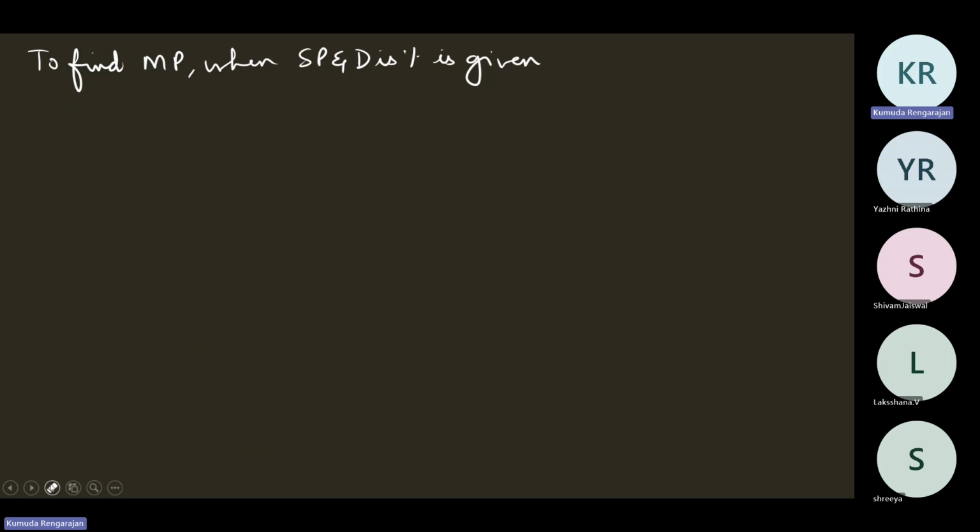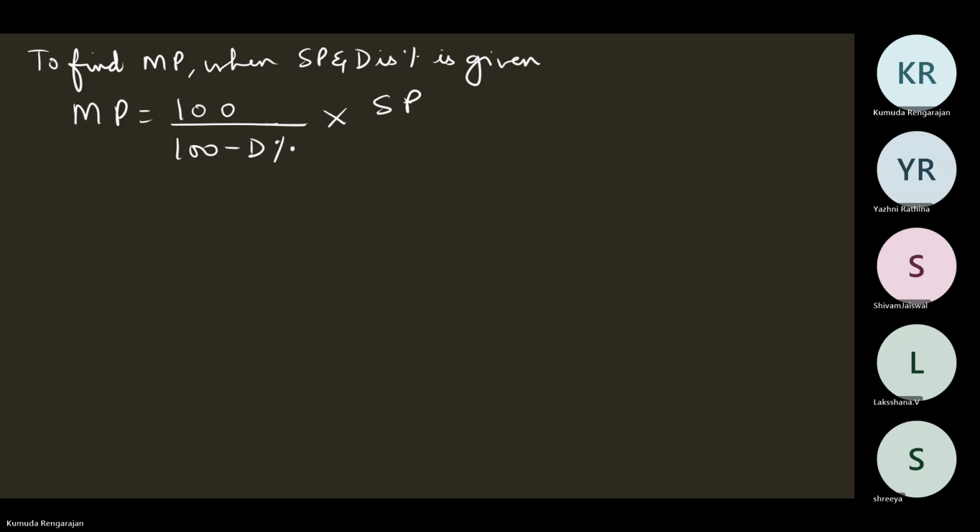MP is equal to 100 by 100 minus discount percent, into the selling price. Discount is always minus, it's not plus. This is how we find the marked price when selling price and discount percent is given.